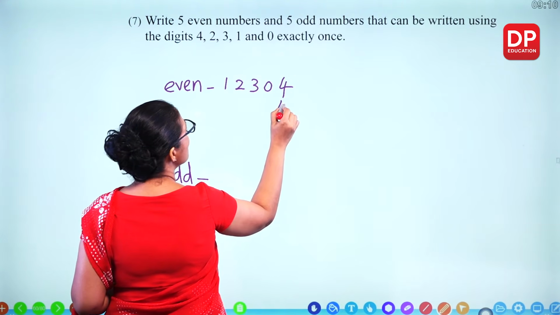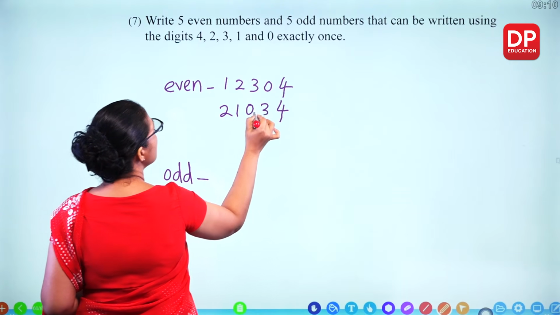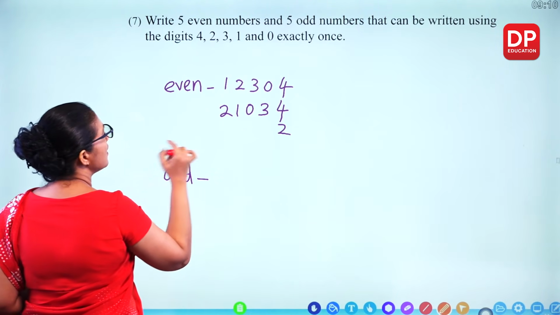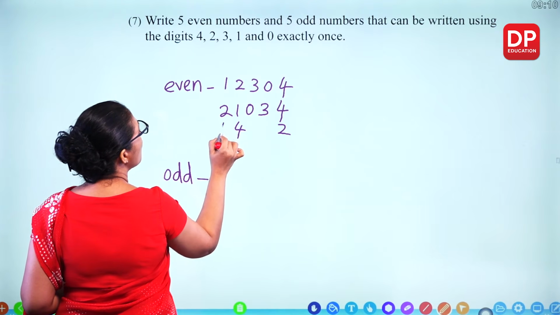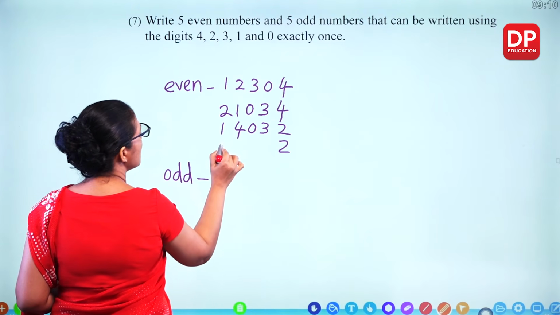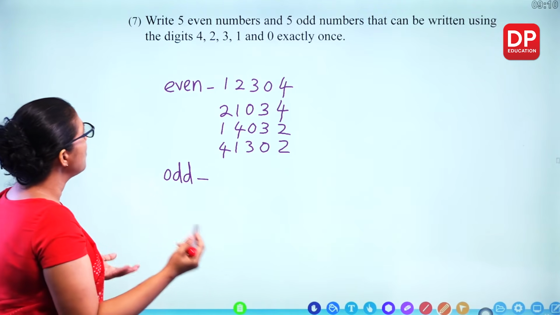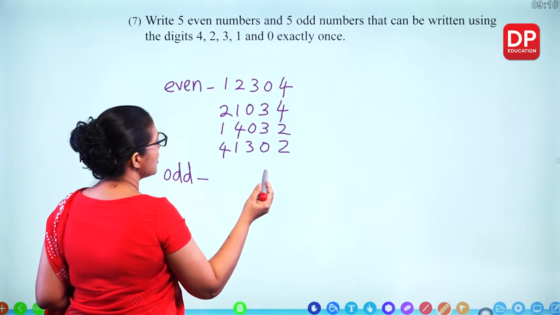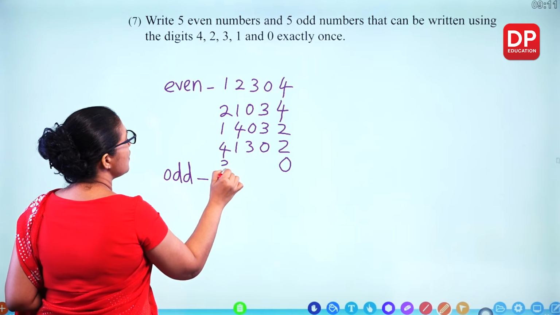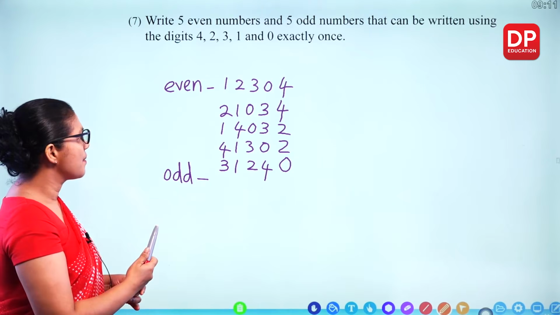Then I can keep this 4 and change the others: 2, 1, 0, 3. That's another number. I can write with 2 here and 4, 1, 0, 3. And I can keep 2 and change it: 4, 1, 3, 0. And I can put 0 as the last digit. Then I can change 3, 1, 2, 4. You can change the other numbers.